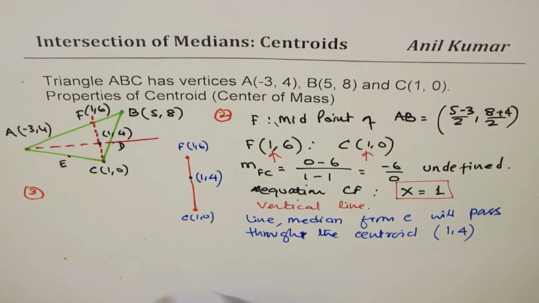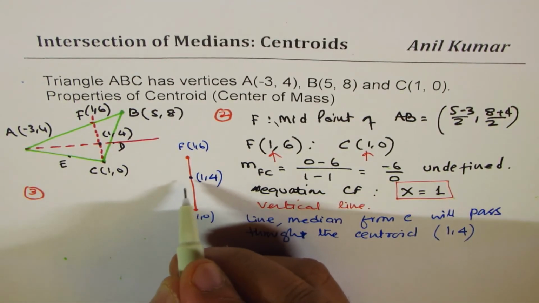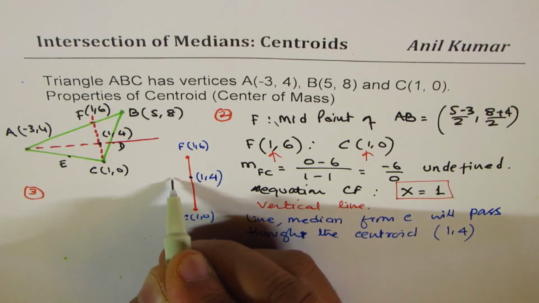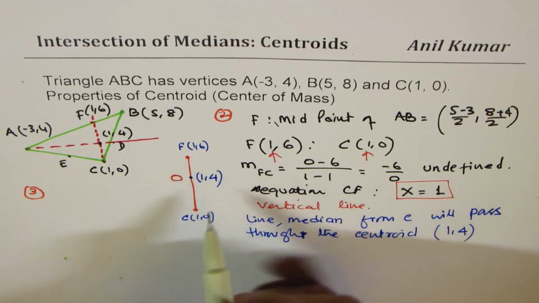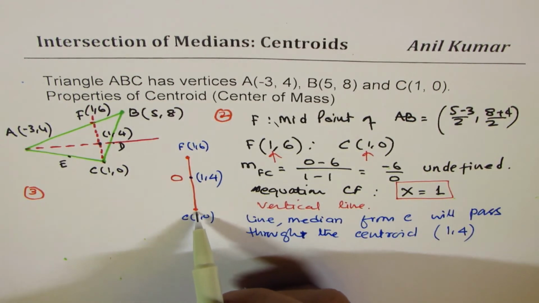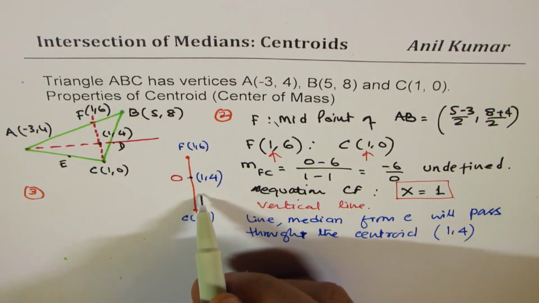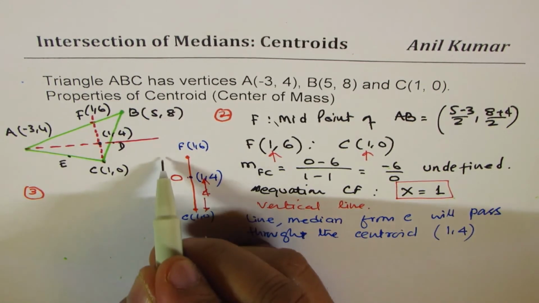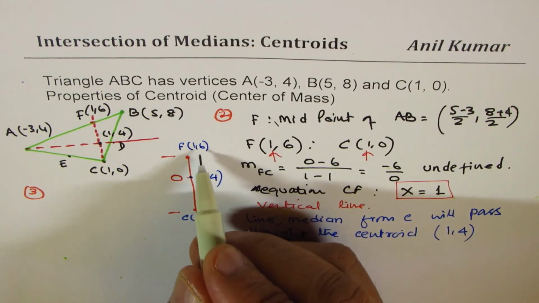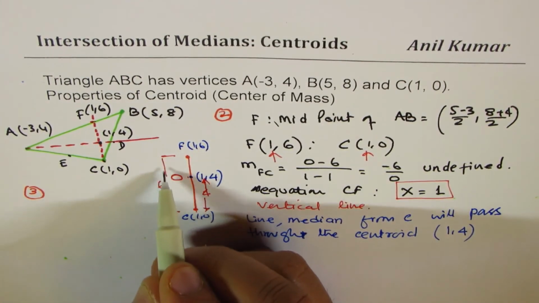Now as you can see, let's call this centroid point O, right? So you can see that the distance from C to O is 4 units, and from C to F is 6 units.